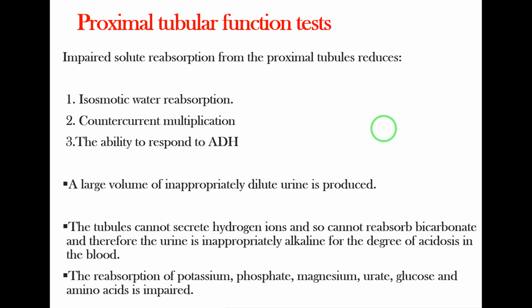In addition, the ability of the tubule to secrete hydrogen ion will be impaired, and as a result the reabsorption of bicarbonate will also be impaired, because these processes are closely linked. As a result, the urine will be alkaline, which is inappropriate for the pH of the body.